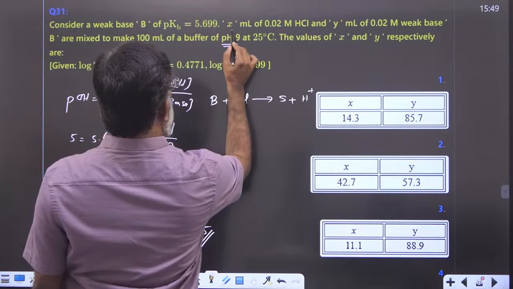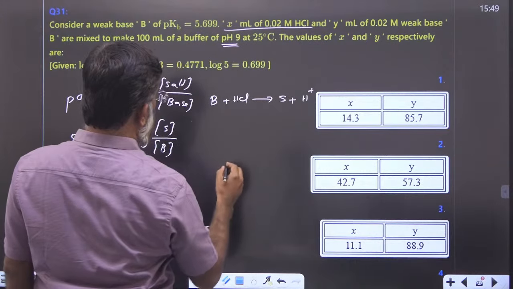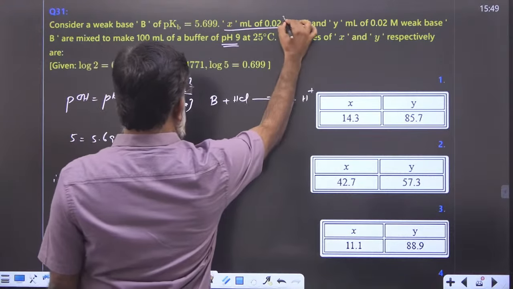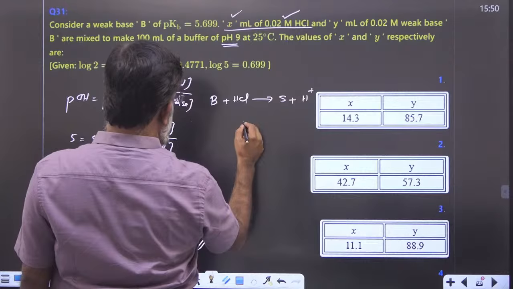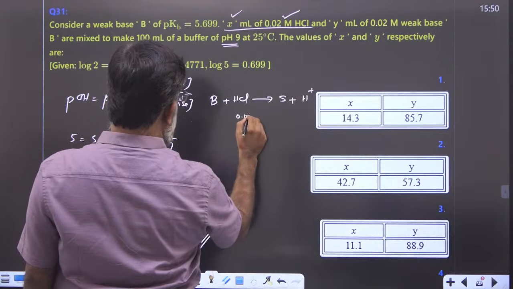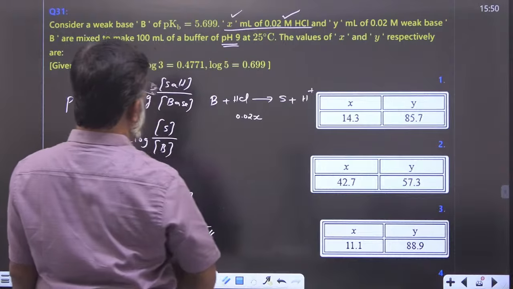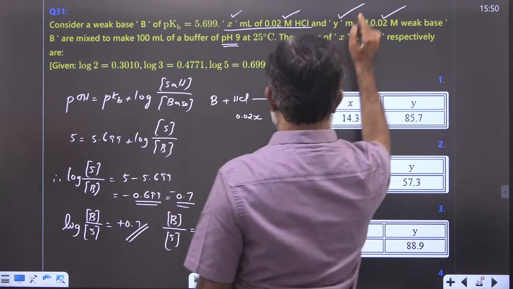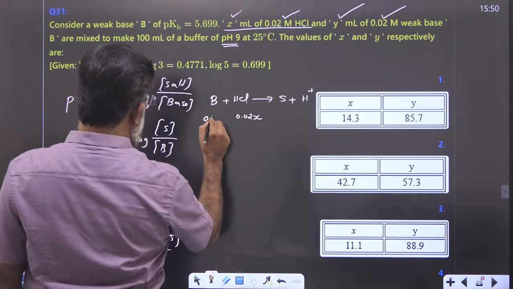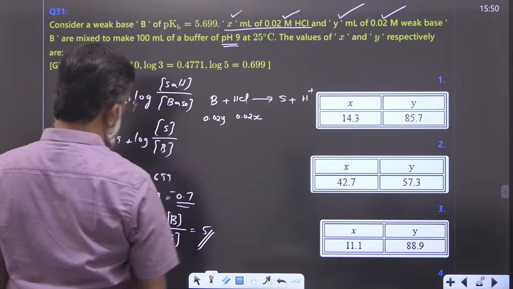X ml of 0.02 molar HCl. So HCl taken is molarity into volume in milliliter, it is 0.02x. And the base taken is 0.02 into y.